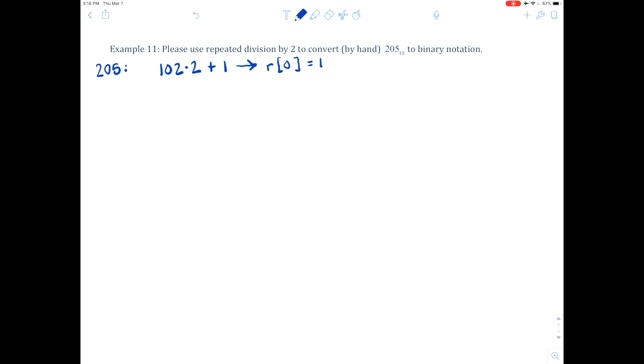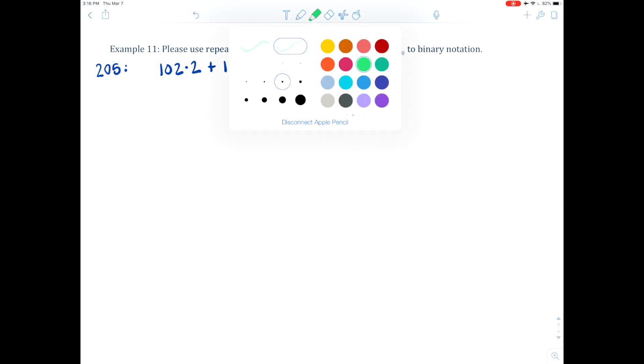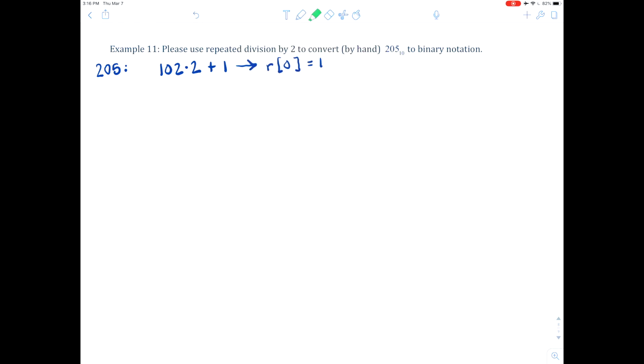Awesome. So now what we're going to look at is this. So our very first deal is we rewrote 205, okay, as this whole quantity here, all right? And we figured out what that remainder was when you divide 205 by 2. So now you keep going, all right?